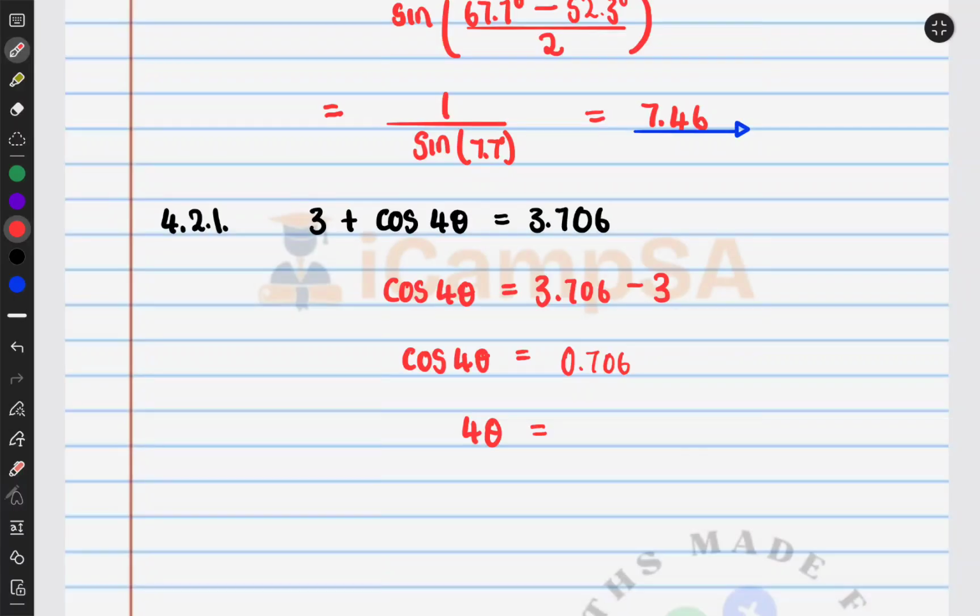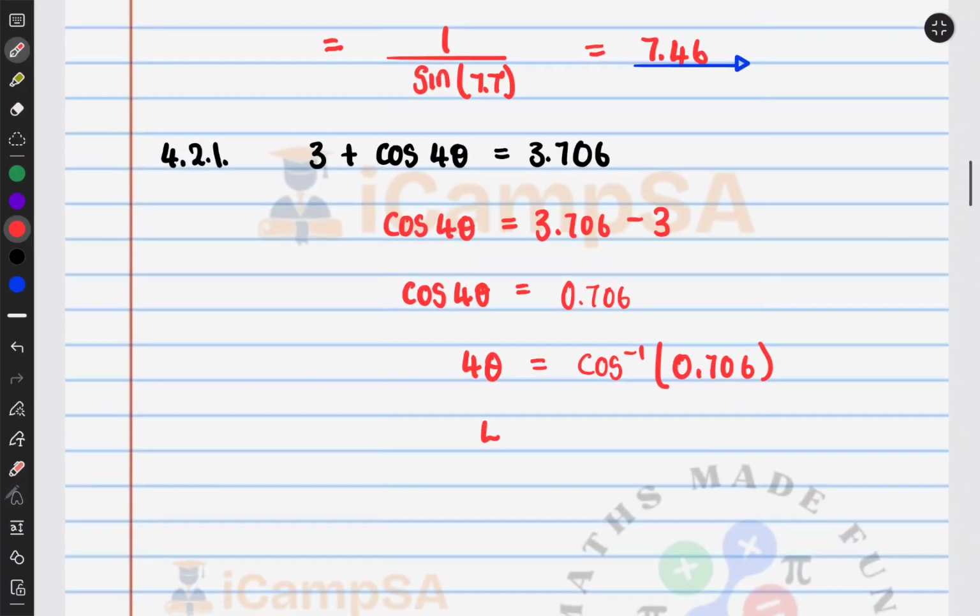Then on this side we'll be left with 4 theta, and here we'll have cos inverse of 0.706, close brackets. So 4 theta is equal to cos inverse of 0.706. This gives us 45.0896, and then we divide by 4 on both sides.